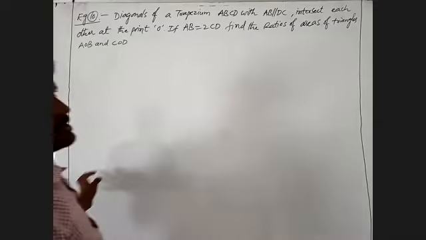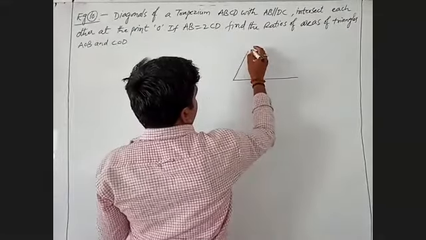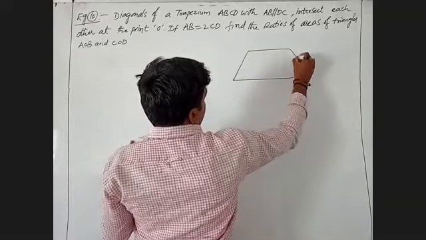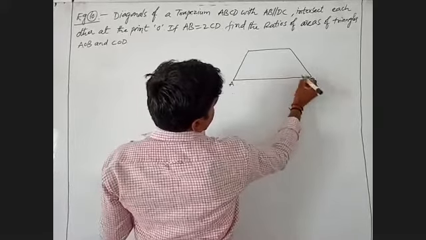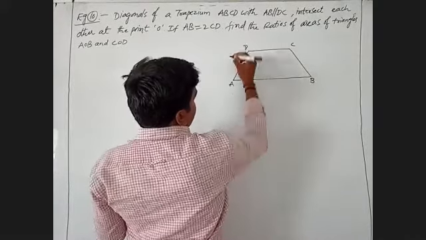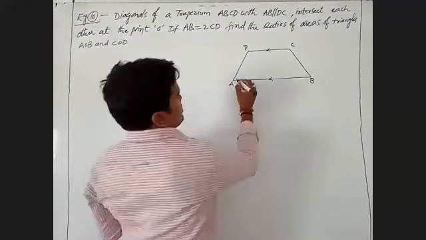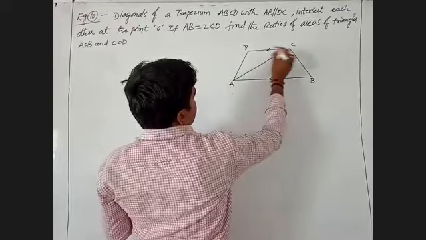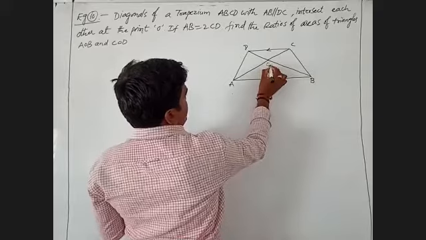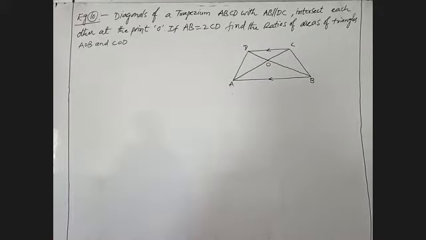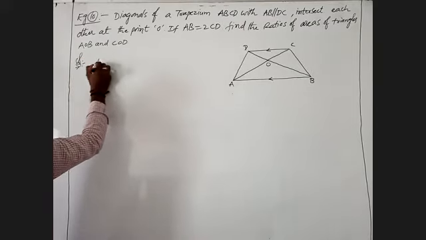First I will draw a bigger trapezium. Name it as A, B, C, D. AB is parallel to DC, and their diagonals intersect at the point O. First, I will write the solution.